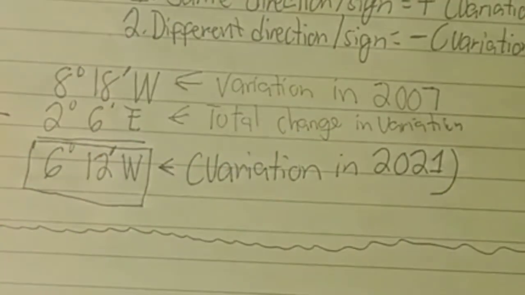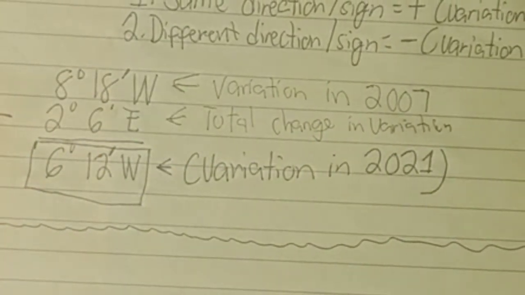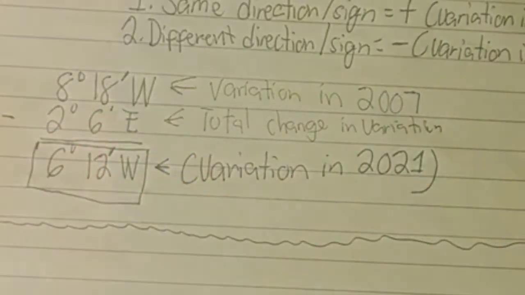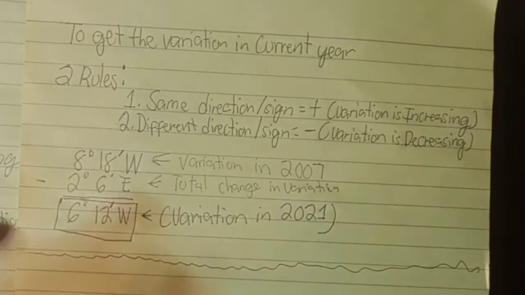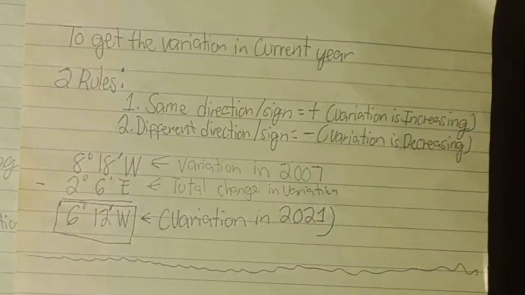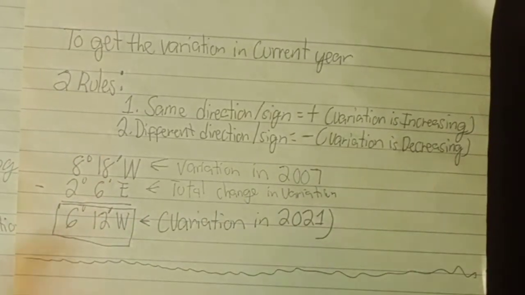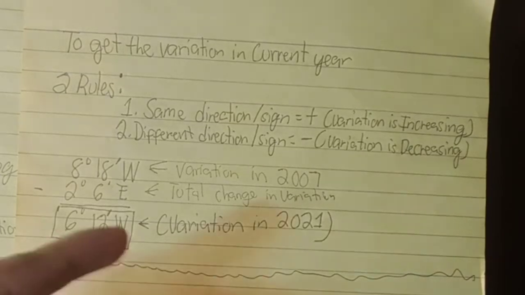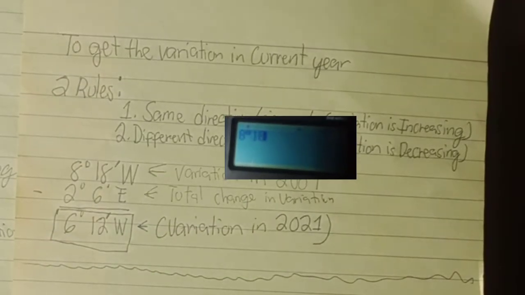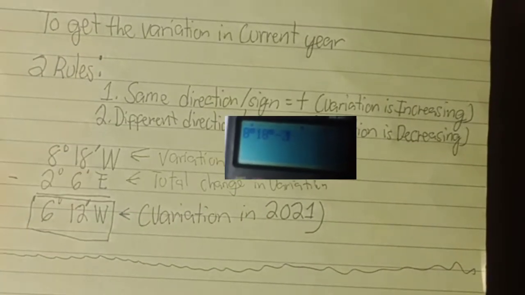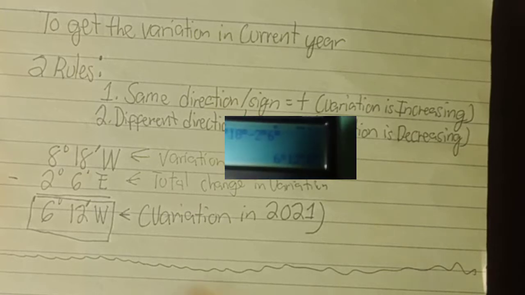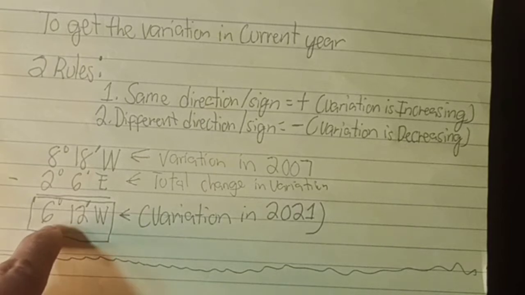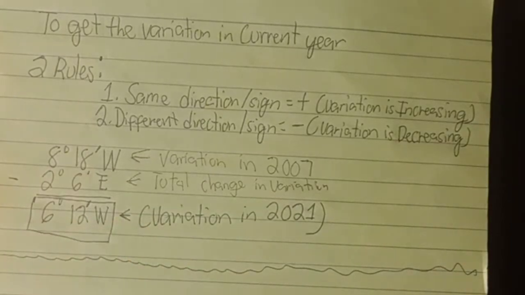What did you notice? They are different directions or signs. This means the variation is decreasing, so we need to subtract it. 8 degrees 18 minutes minus 2 degrees 6 minutes. So the answer is 6 degrees 12 minutes west.